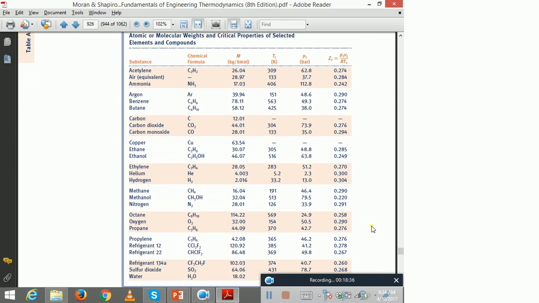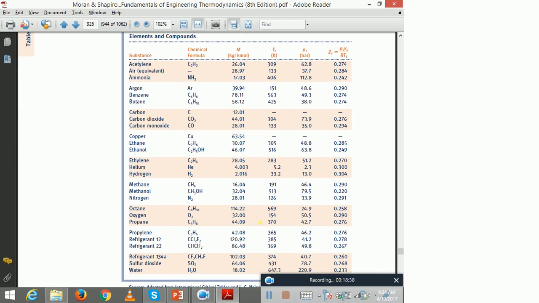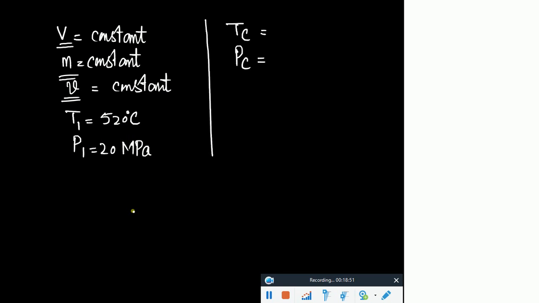This one. Just see. For water, what is its critical temperature? It is 647.3. Similarly, what is its critical pressure? 220.9. So this critical pressure is 220.9 bar, and its critical temperature is 647.3 Kelvin.